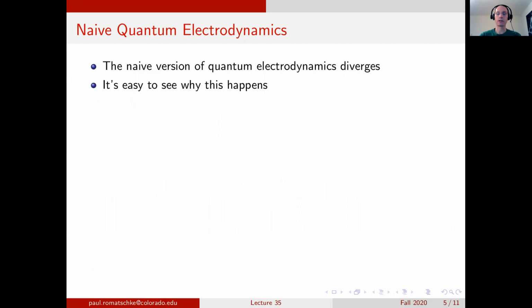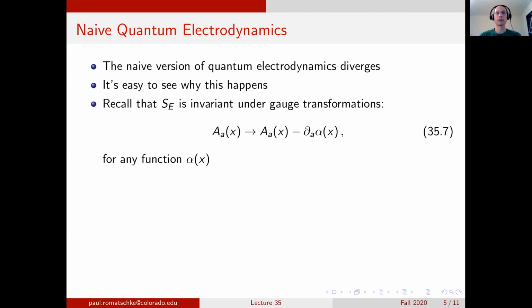It's easy to see the reason why this happens. The reason has to do with the gauge transformation, or rather the invariance of the action under gauge transformations. So recall that S_E is invariant under the local gauge transformation A goes to A minus derivative of an arbitrary function alpha of x.